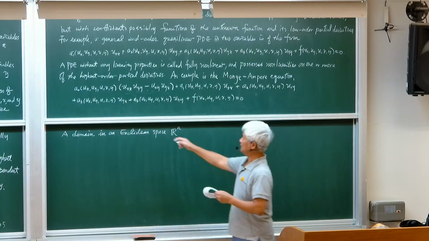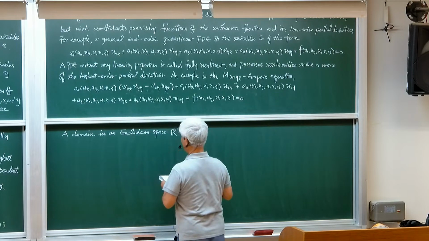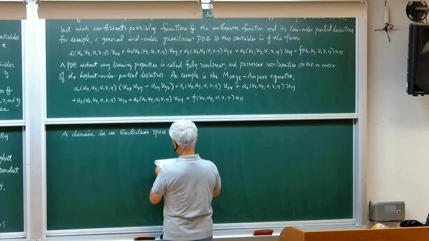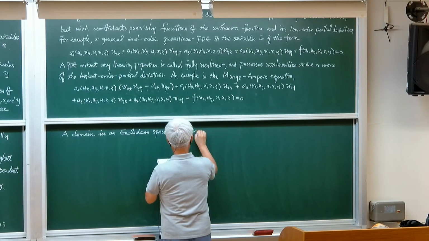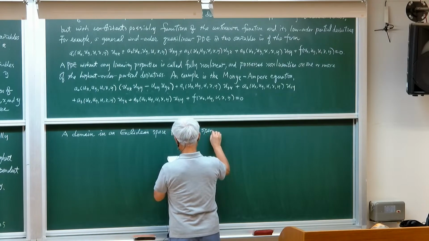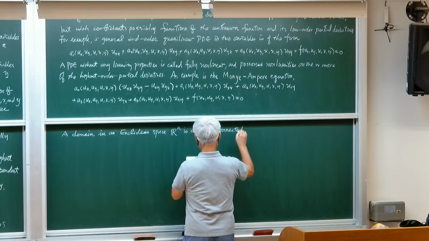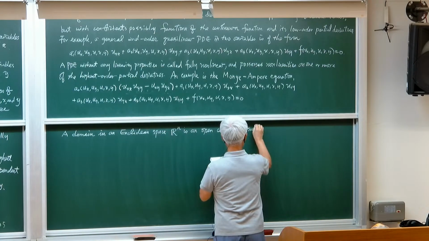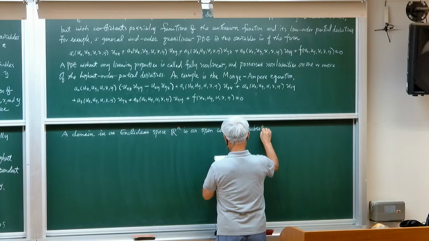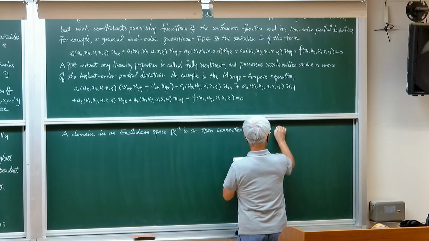So a domain in a Euclidean space R^n is an open and connected subset of R^n.